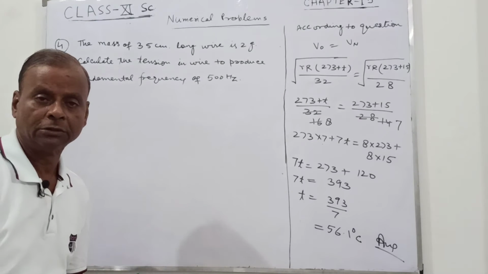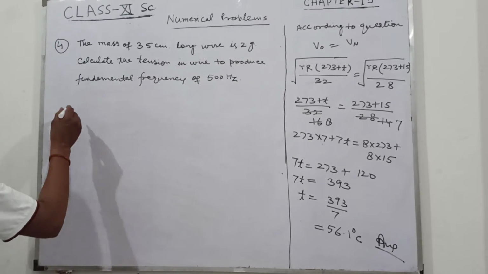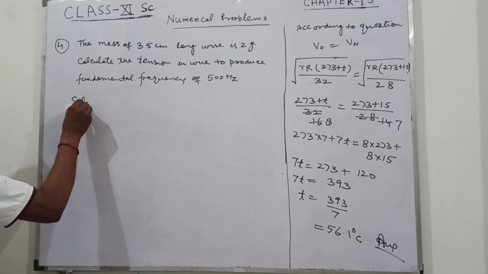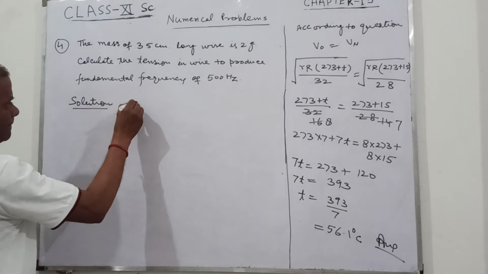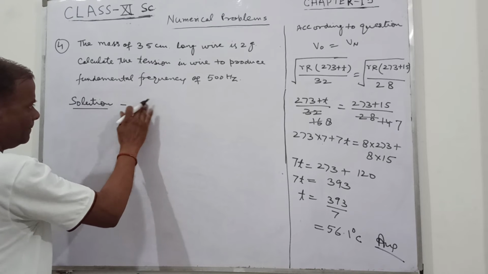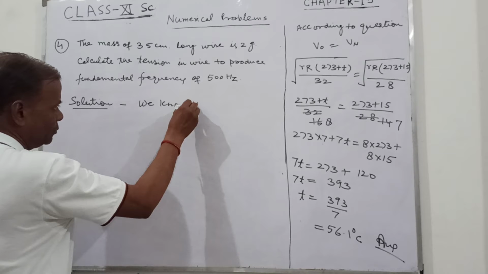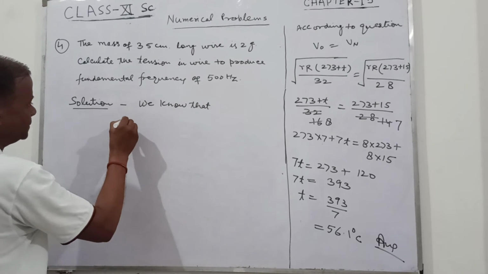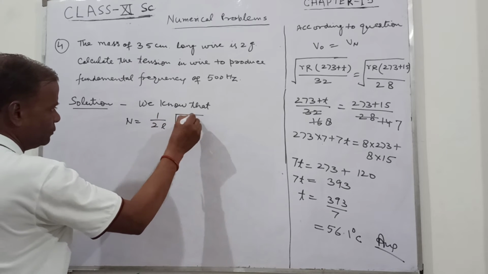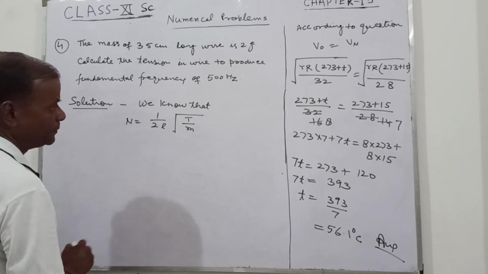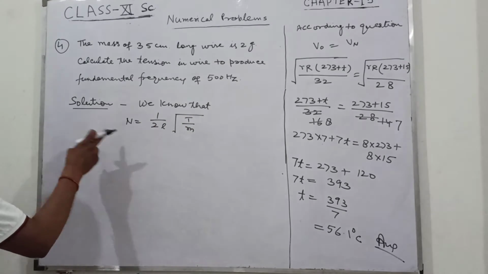I have told you the mode of vibrations in the stretched wire. We know that n equal to 1 upon 2L into square root of T upon m. T is the tension, m is the mass per unit length, L is the length of the wire.